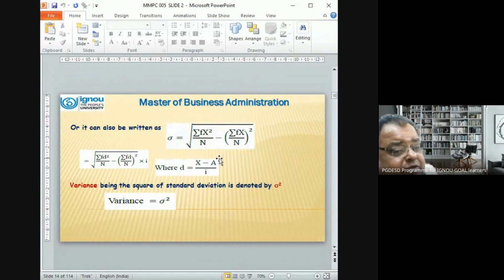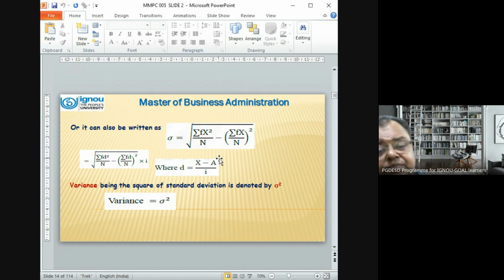If the data is too big, then you will be using the deviation d equal to (x minus a) upon i. In that case, x will be replaced by d: summation fd square by n minus (summation fd by n) whole square, into i. Keep one thing in mind, into i is outside the under root.